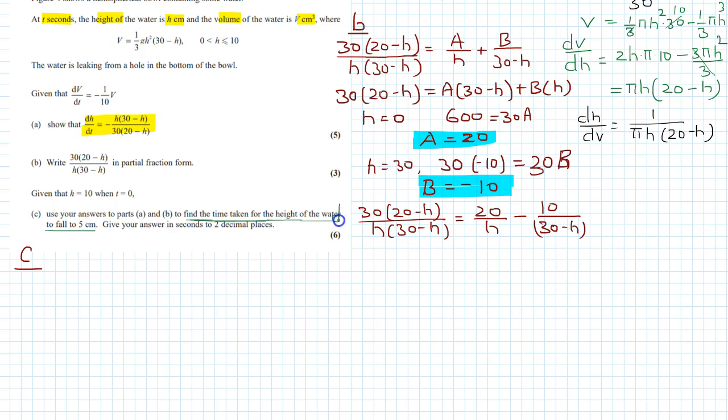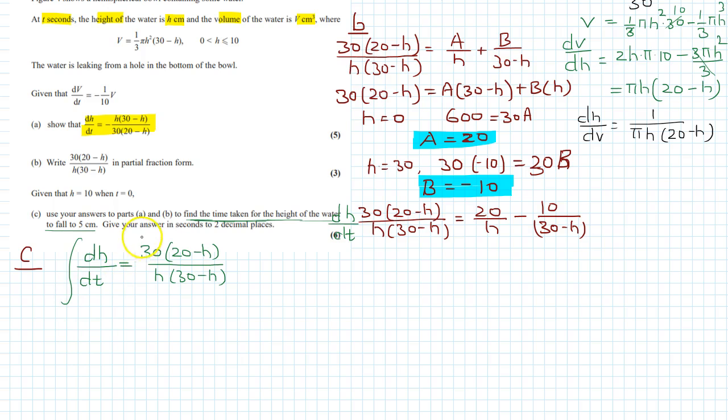And we have dh over dt, this is the rate. So if we integrate this one, we have dh over dt is equal to 30(20 minus h) over h(30 minus h).